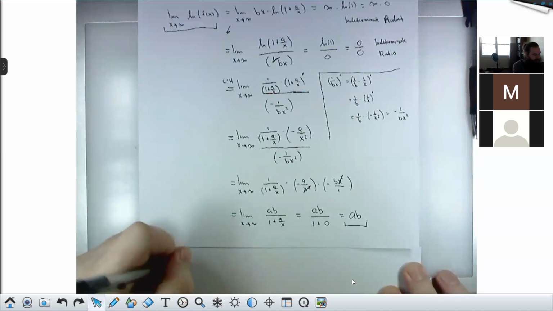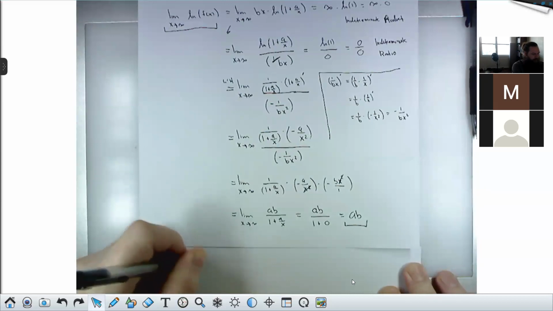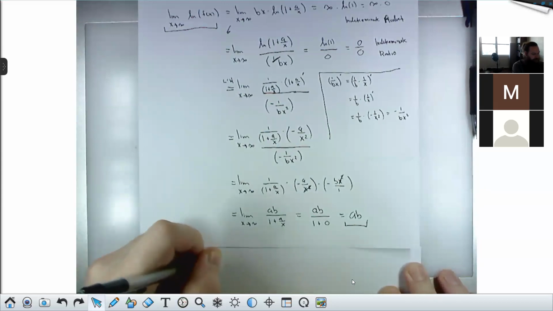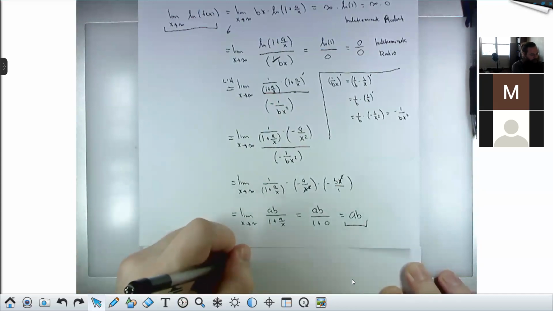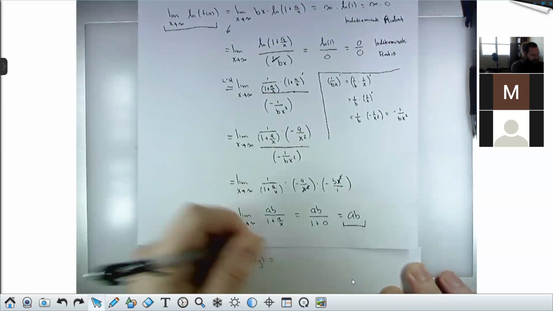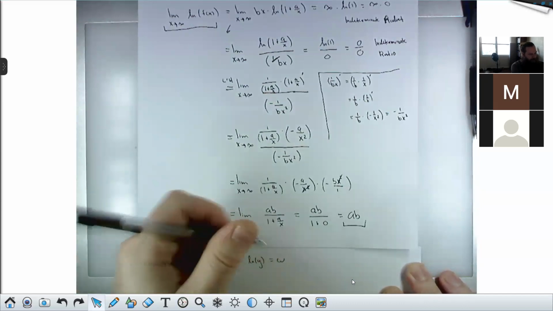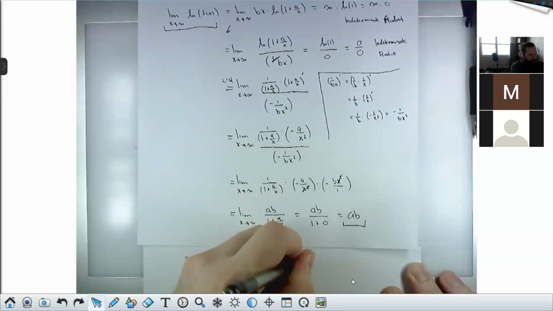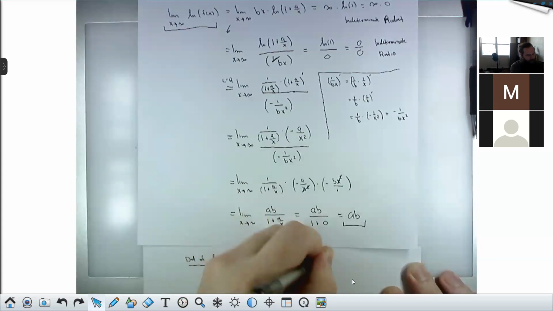remember the definition of natural log. The definition of the ln says that if the natural log of y is equal to, I'll use a letter we're not using here, w, that's the same thing as saying that y is equal to e to the w.